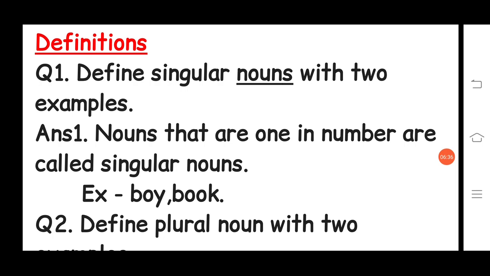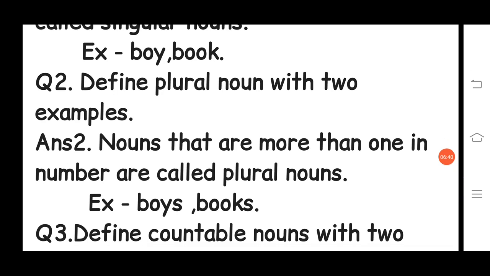Example: boy, book. Question 2, define plural nouns with 2 examples. Answer: nouns that are more than 1 in number are called plural nouns. Example: boys, books.